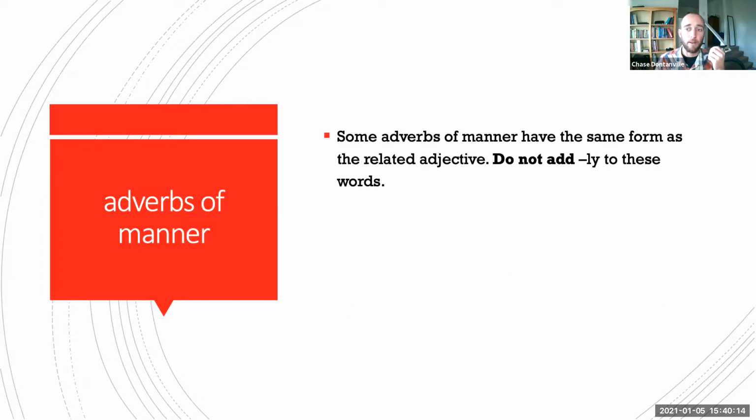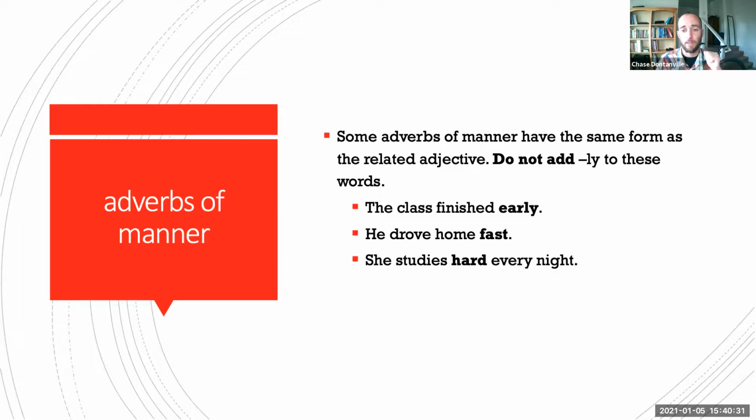Some adverbs of manner have the same form as the related adjective. So for these, you do not add ly. The class finished early. We don't add ly to early. He drove home fast, not fastly, fast. She studies hard every night, not hardly, hard.